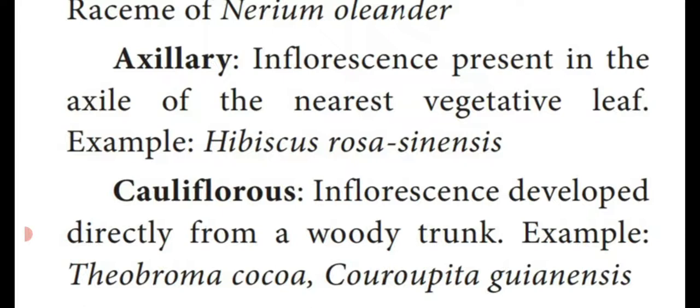See the definition. The inflorescences are directly developed on a woody trunk region, the bark of a tree, that is known as woody trunk. Example, Theobroma cacao, Couroupita guianensis. So these are the two examples of cauliflorous inflorescence.